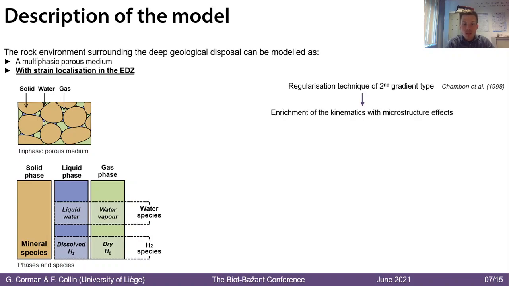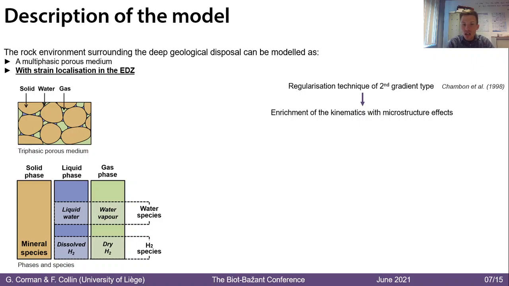The rock environment surrounding the storage system can also be subjected to strain localization in the form of shear bands, leading to localized rupture under heavy loading. And so to properly model these localization processes, a regularization technique of the second gradient type is implemented into the model.